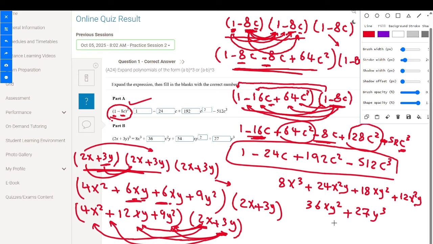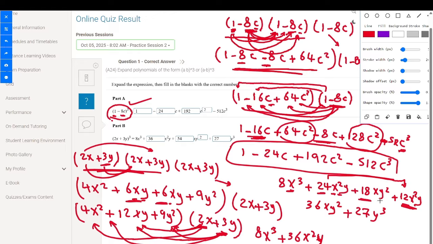Now let's simplify this one. We have here x to the power of 3. Do we have anything else with x to the power of 3? No, so it will be 8x to the power of 3 plus. Now 24x squared y, do we have x squared y here? Yes, we have 12, so 24 plus 12 will be 36x squared y.